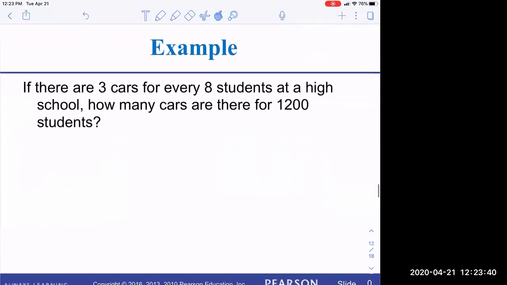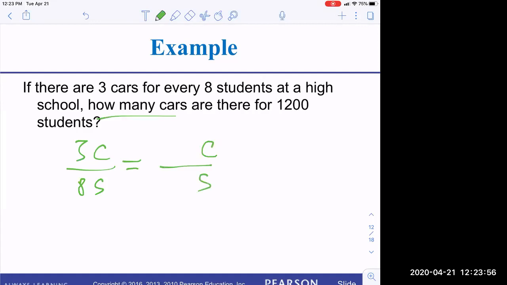So here's a proportion. 3 cars to 8 students. Notice I put my units in there because now with my proportion, I need cars over students. I'm looking for how many. That's my unknown. And I know I have 1,200 students.